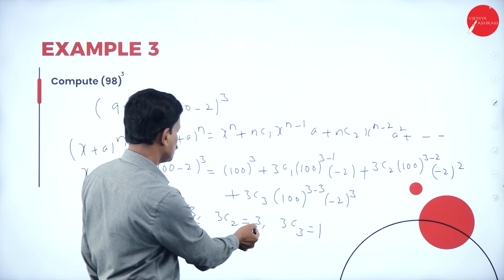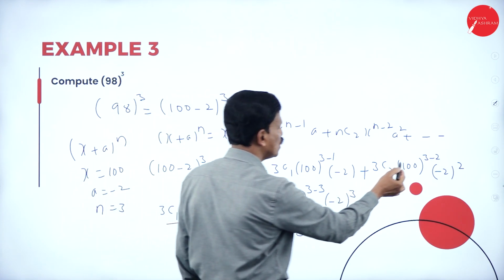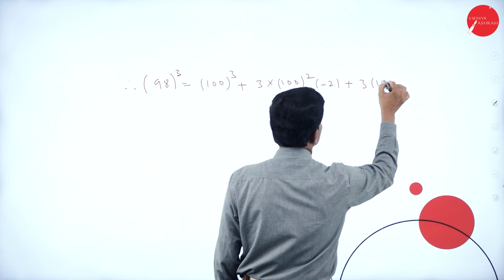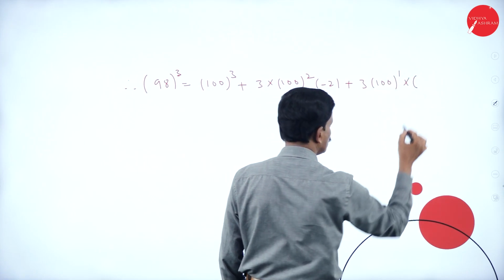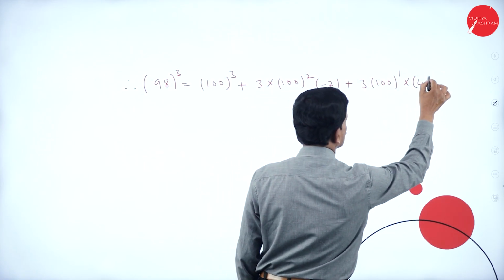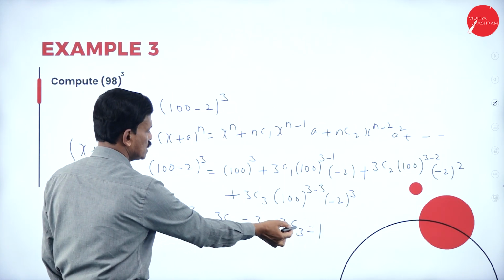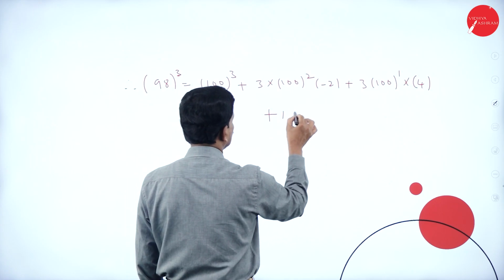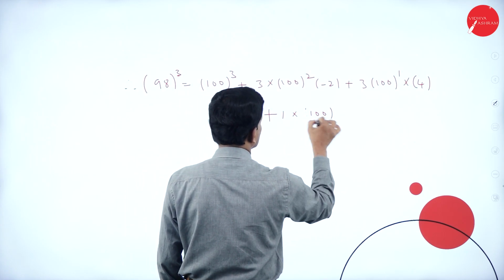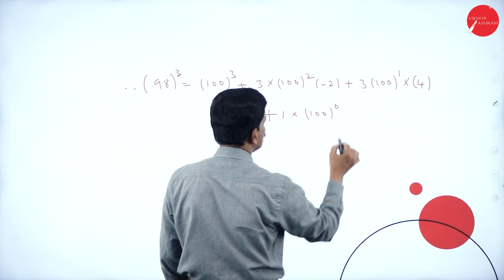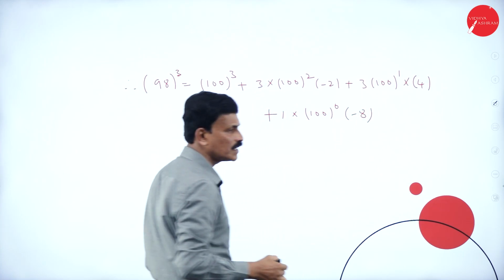What is 3C2? 3C2 is 3 into 100 to the power of 1 into (minus 2) square is plus 4, plus 3C3. 3C3 is 1 into 100 to the power of 0 into (minus 2) whole cube is minus 8.